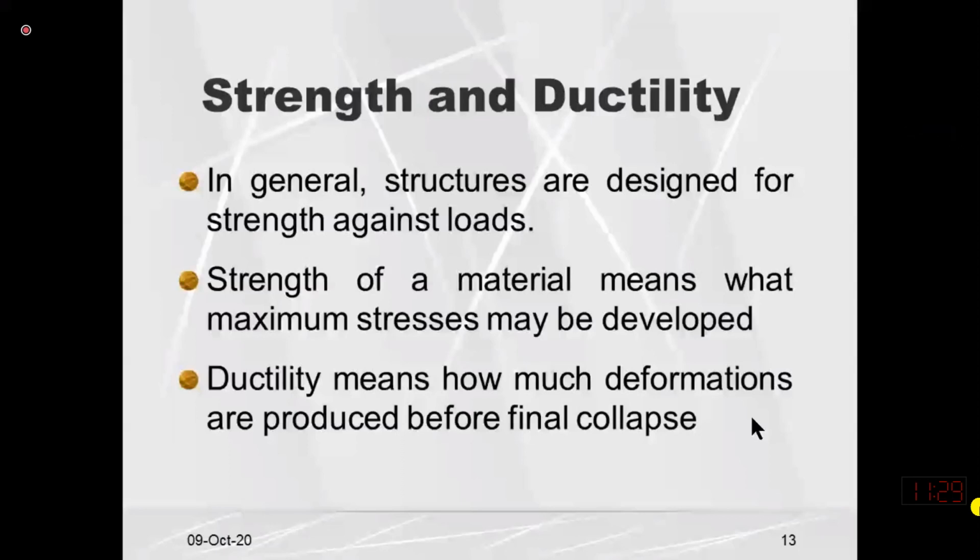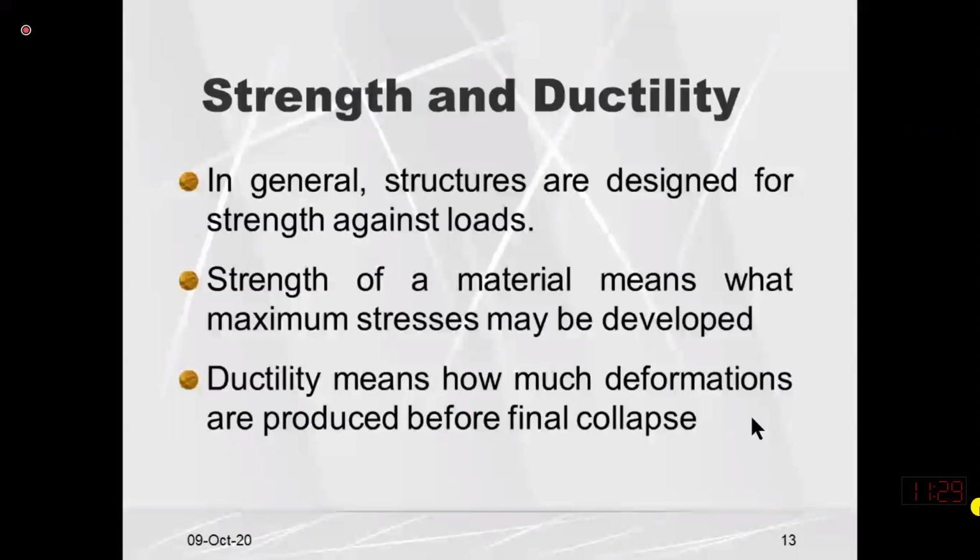Here, collapse or failure is my limit. Actual failure has not occurred, but this is my limit. I will explain again. The yield strength of steel is 250 megapascal, and steel will fail when the stress reaches 250 megapascal. But I have put a limit: instead of considering the failure stress as 250, I consider it as 200 megapascal.